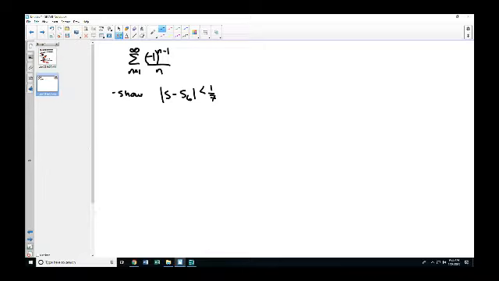This is like code for: show that the sum of the first 6 terms has an error less than 1/7. That's what that's saying. It's just the mathematical way to write it. It's the same thing we just did.